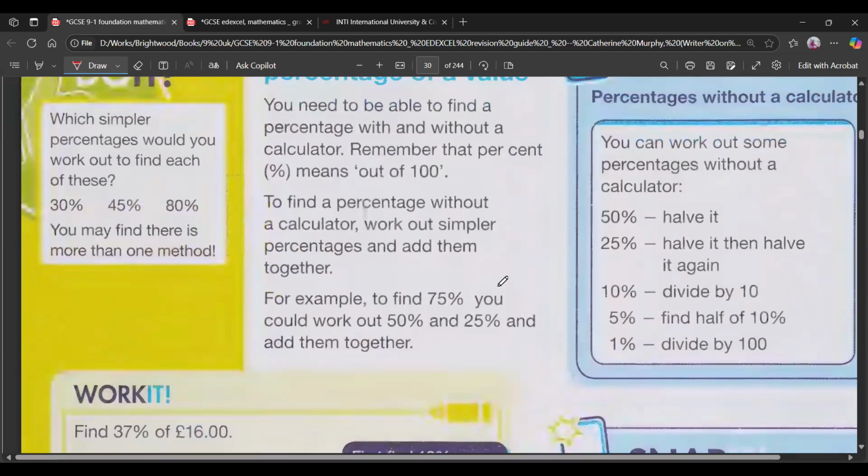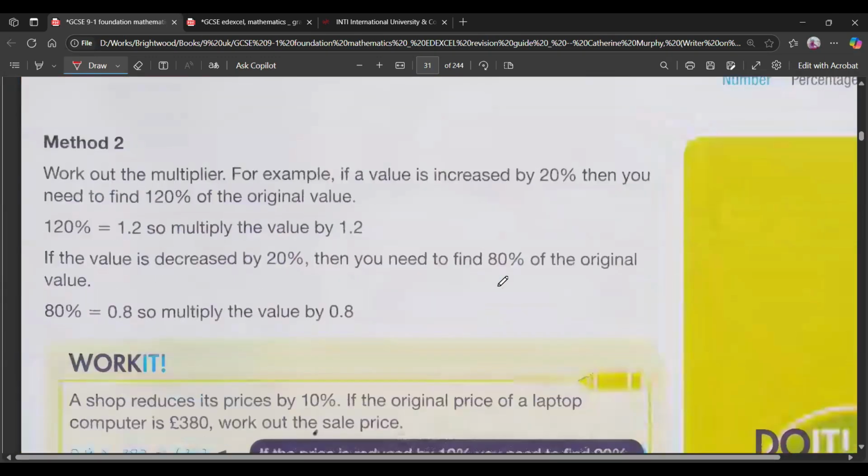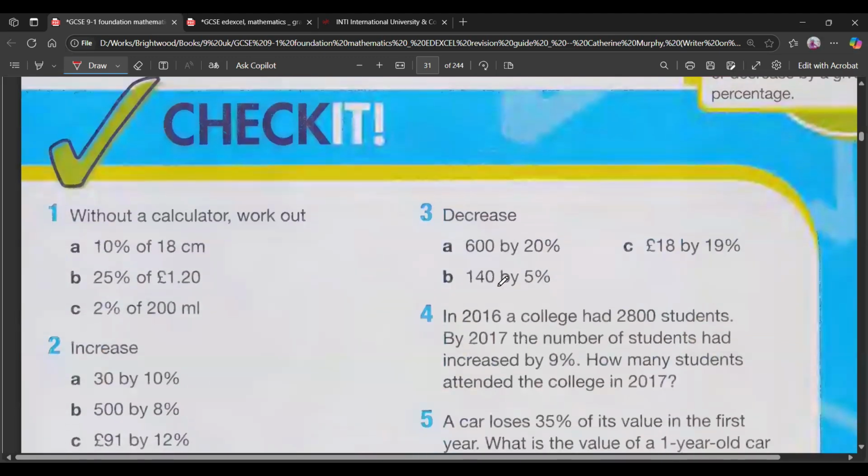But simply, "of" means multiplication. So 10% of 18 centimeters, 10% means 10 over 100. "Of" means multiplication and 18 centimeters. Now you can cancel. 0 and 0 can be cancelled. 18 divided by 10, 1.8 centimeters. Like that one you can write.